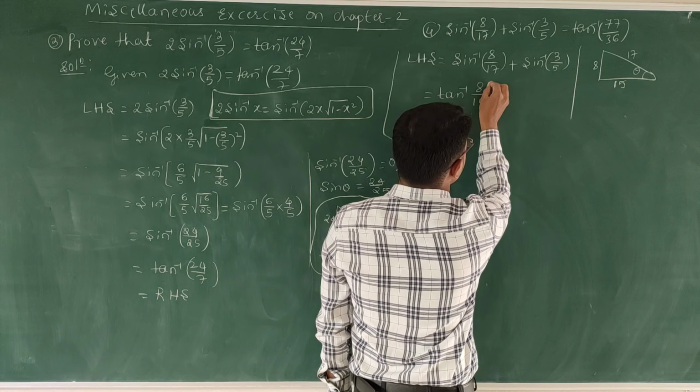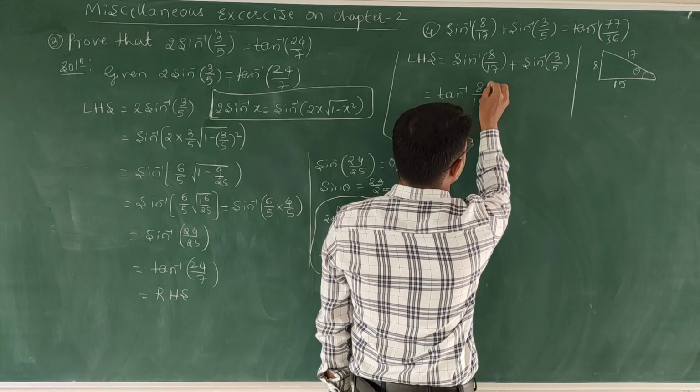Okay, so this is equal to the tan inverse of 8 divided by 15 plus 3 divided by 4, divided by 1 minus 8 divided by 15 into 3 divided by 4. Tan inverse of x plus tan inverse of y formula: tan inverse of x plus y divided by 1 minus xy.